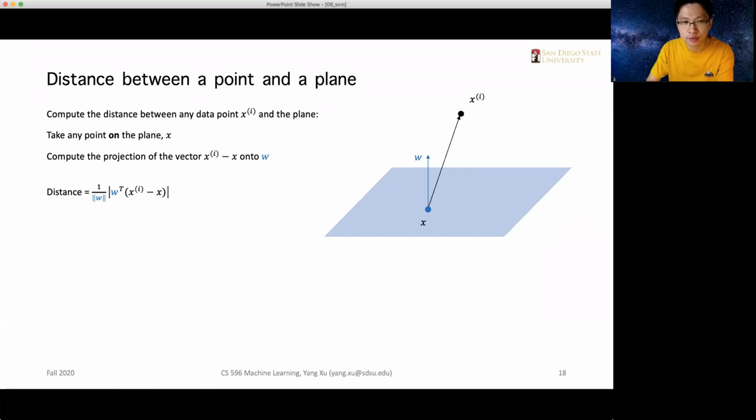Okay, we basically want to compute the length of the projection in this way.